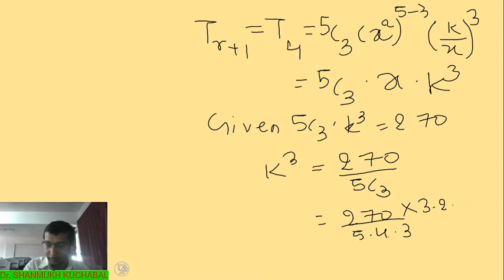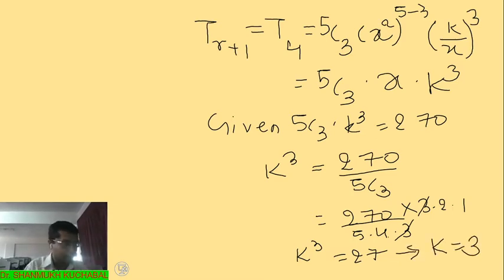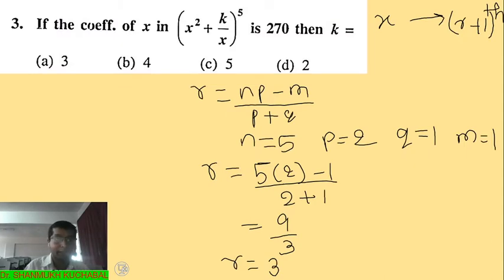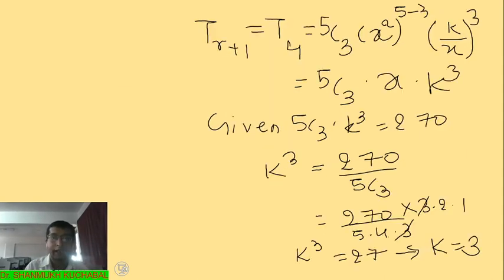So 3 into 2 into 1, so 3 gets cancelled. Further simplifying, we get k cube equal to 27. So from this the value of k equal to 3, therefore the right option is 3, that is option A, 3 is the right answer.